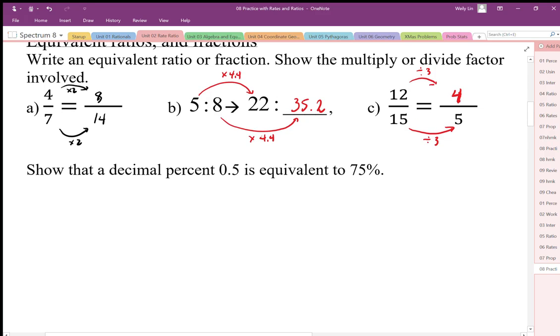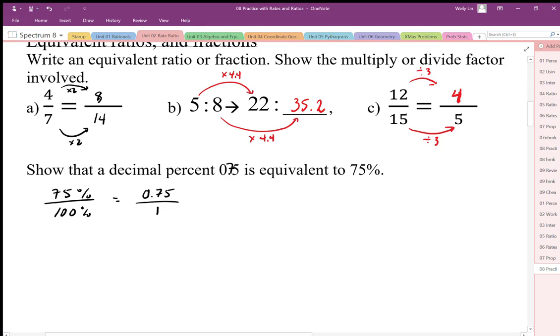So a decimal percent of 0.5 is equivalent to 75%. I think this is a typo. This should be 0.75. The 0.75 is equivalent to 75%. Well, we can just show that 75% is 75 compared to 100, and a decimal percent of 0.75 is being compared to 1.